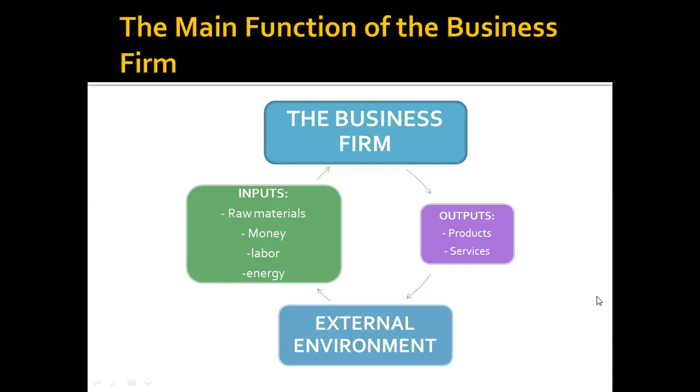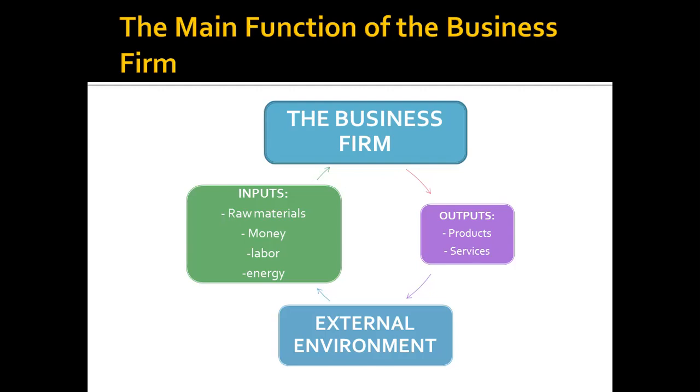Now, before we go to the external environment, let us first discuss the main function of the business firm, right? So the business firm is a transformer of outputs like products and services.